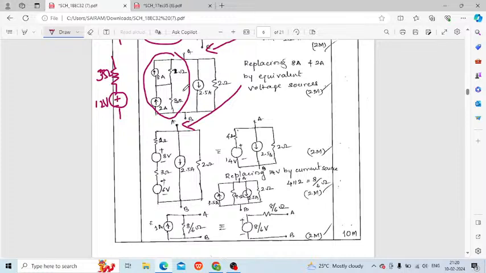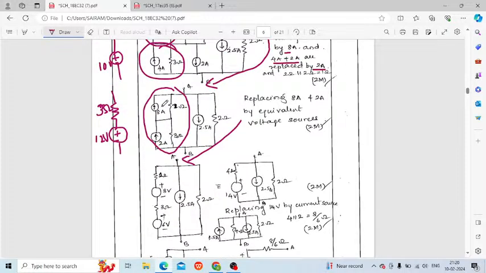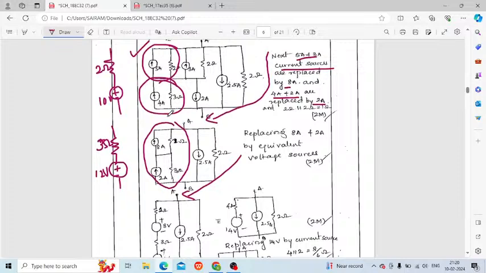This is practical voltage sources in series. If you convert practical voltage sources in series once again, you get practical current sources in series. If you convert practical current sources in series, you get practical voltage sources in series. You should have that much of an idea. Right? Okay. This is practical voltage sources in series, and 8 and 1. So 8 and 1 will become equal to what?